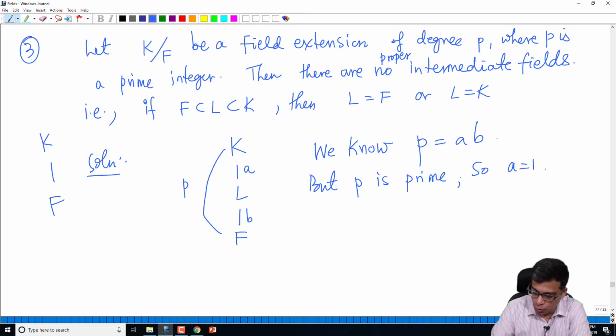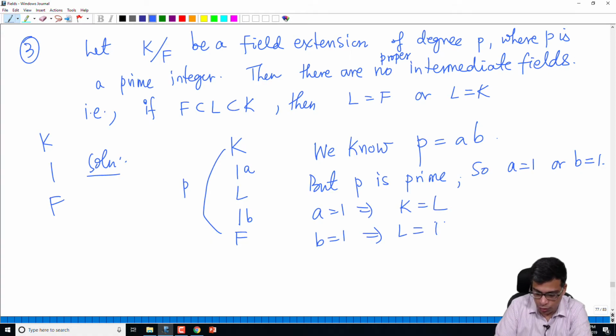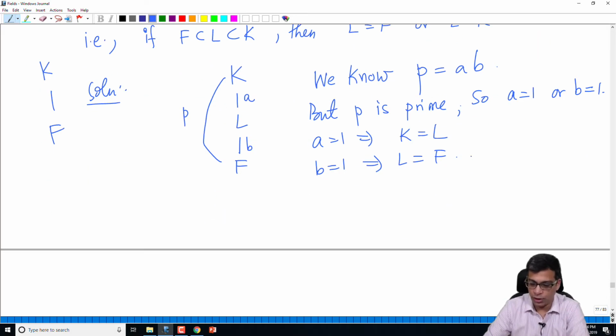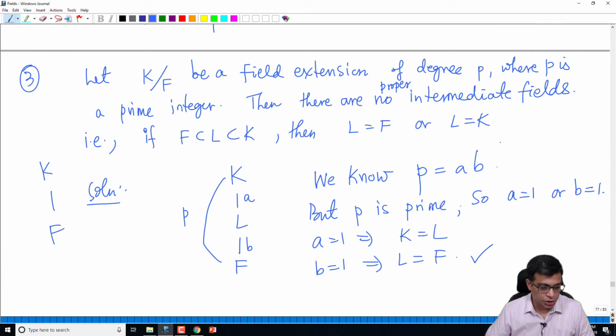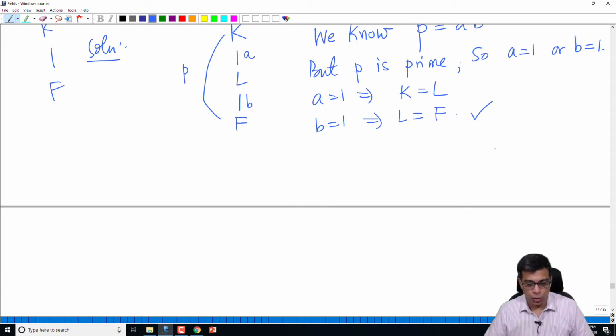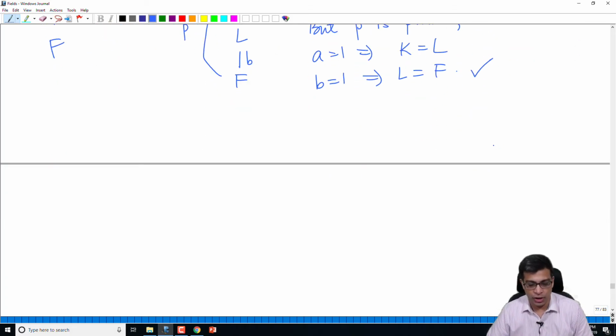So a is equal to 1 or b equal to 1. Any prime number cannot factor non-trivially. So if a equal to 1, that means K is equal to L. If b equal to 1, that means L is equal to F. Okay, so that also finishes the solution of this problem. So if you have a prime degree extension, there are no proper intermediate fields.